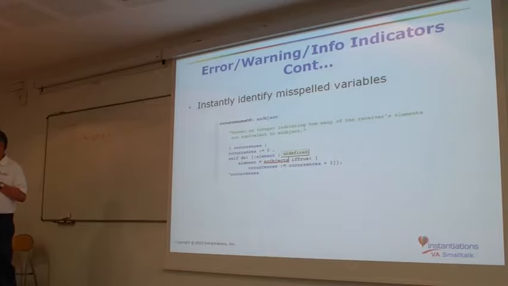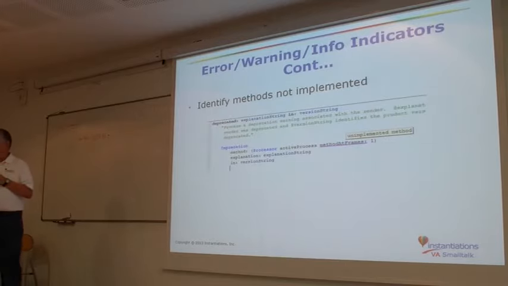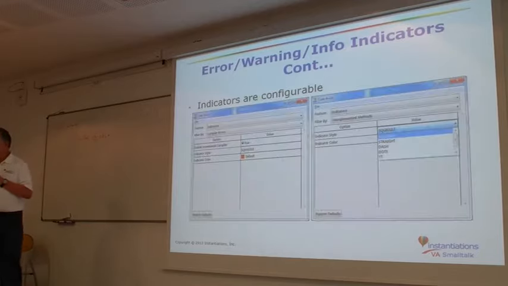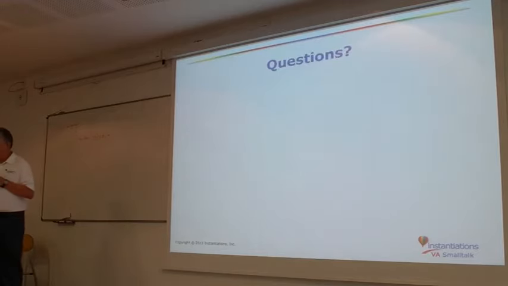So you can instantly identify misspelled words, unimplemented methods, things that violate expectations of the code. Here's an argument variable that you're trying to assign to. Can't do that. This is also configurable. Everything's configurable.